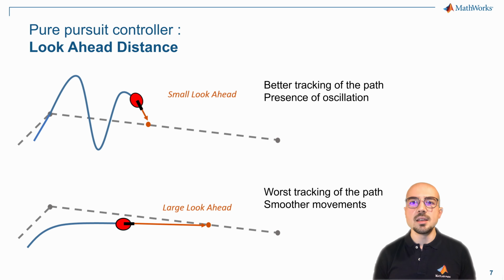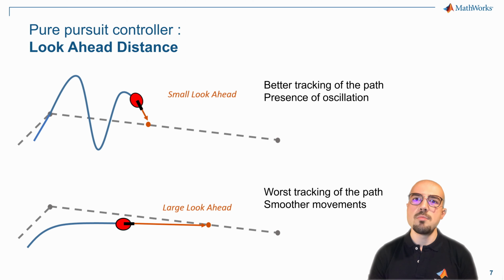On the other hand, if we want to use a bigger circumference, we will have a look ahead distance farther away, and it will generate a smoother trajectory. In particular, this will be helpful if we want a smooth path in order to connect different waypoints. As we can see, this bigger circumference does not allow the robot to pass through the waypoint.